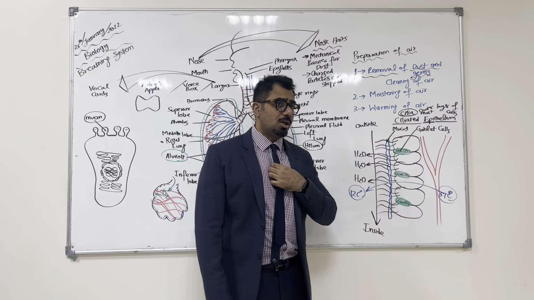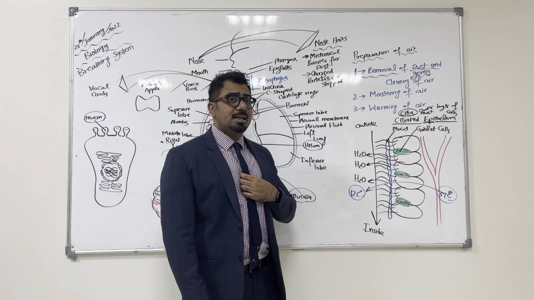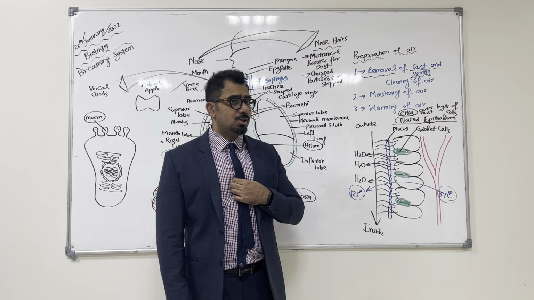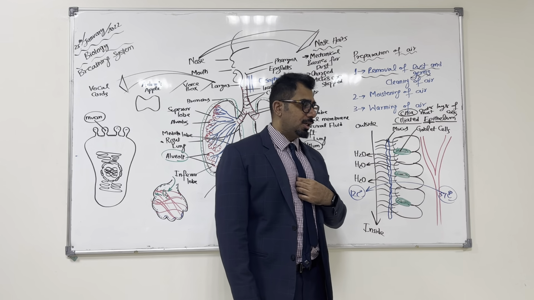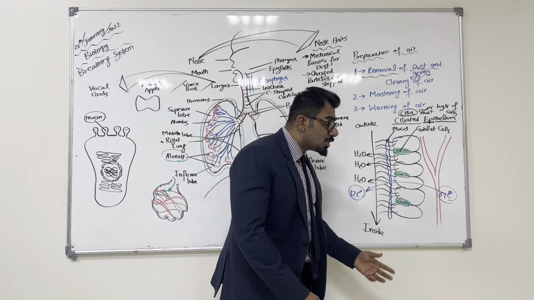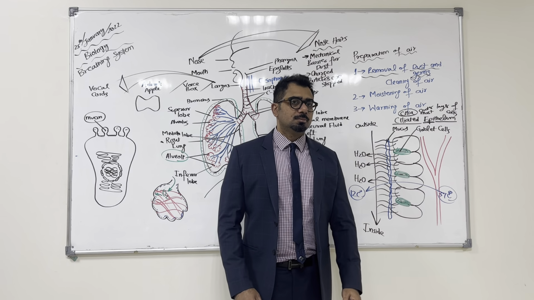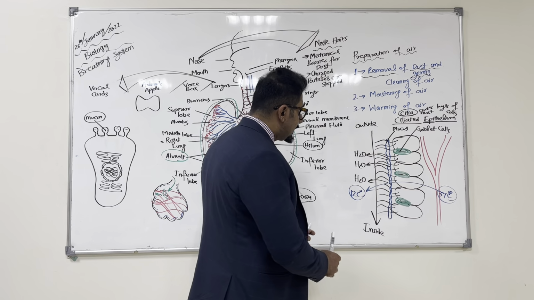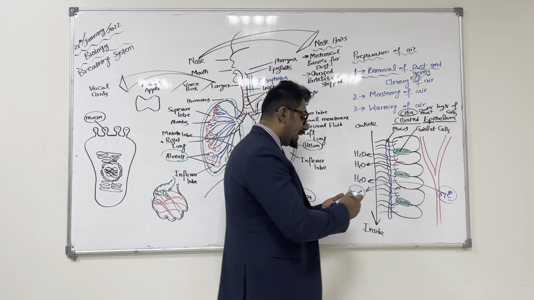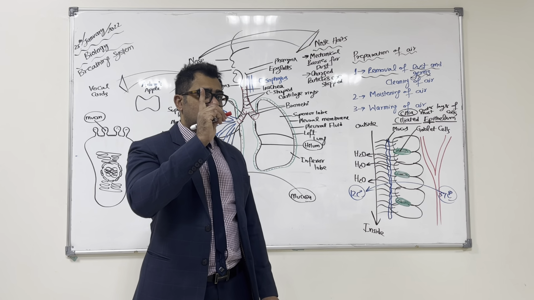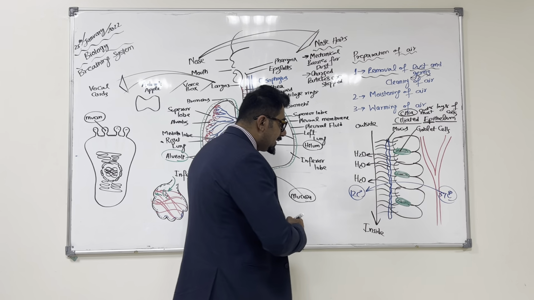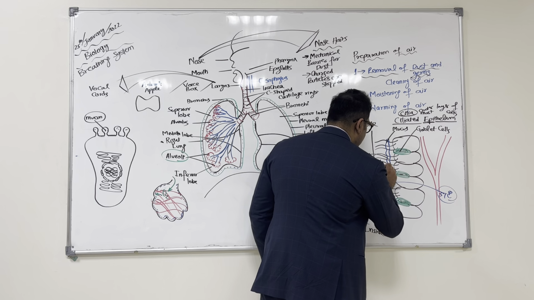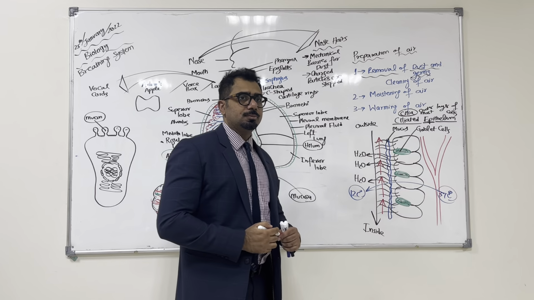Now when the dust and germs stick to the mucus inside our trachea, that mucus needs to come out. So what happens? These cilia, which are hair-like structures, not hairs, if you guys remember, beat in an upward direction.